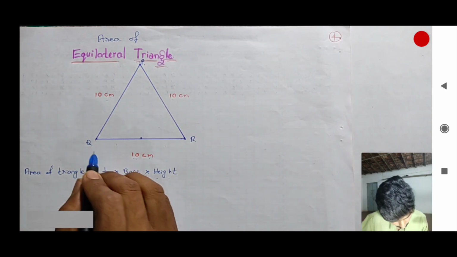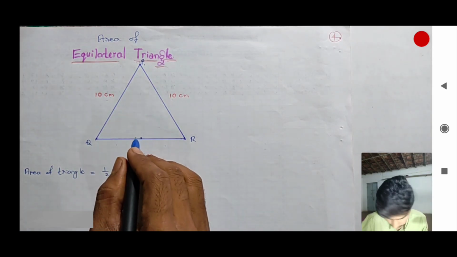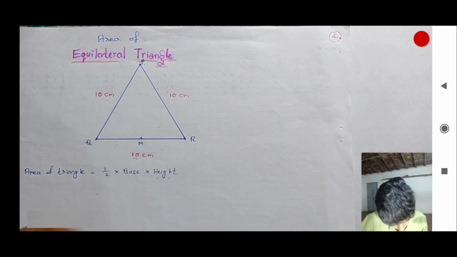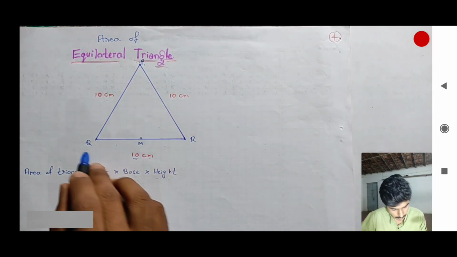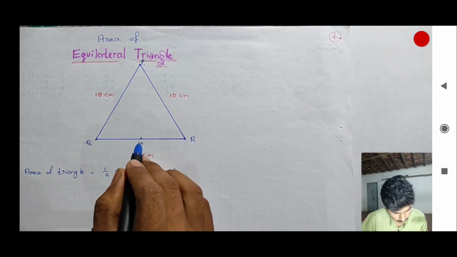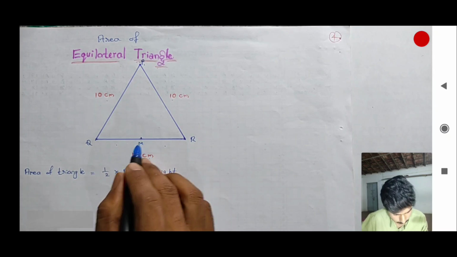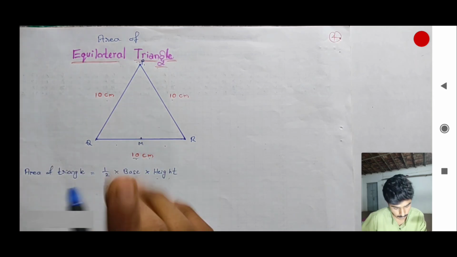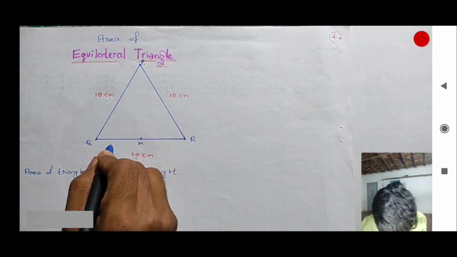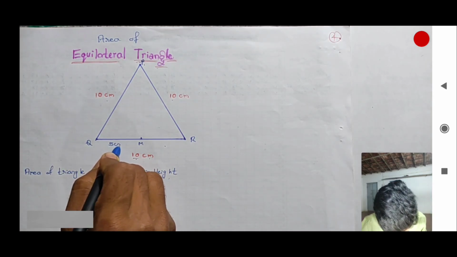So I will take the midpoint of QR as M. As I mentioned midpoint, so this whole length of QR is 10 centimeter. As it is midpoint, so this M divides QR into half. Okay, so this QM becomes 5 centimeter.